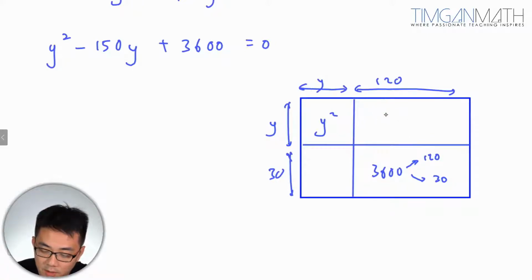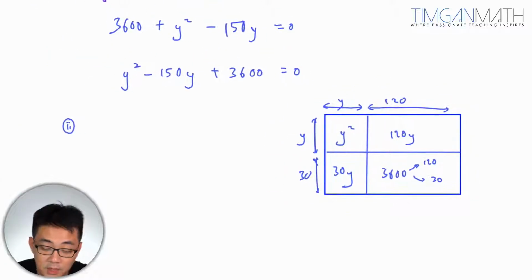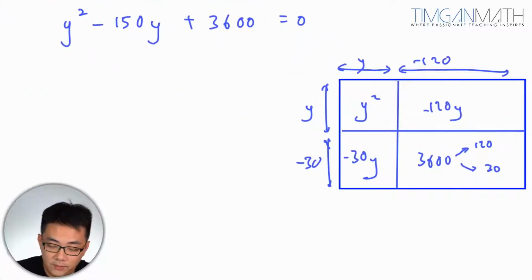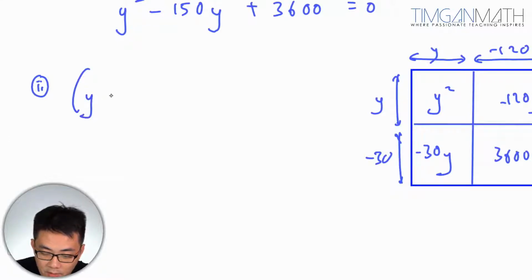So this area will be 120y and this will be 30y. Because we need negative 150, we apply negative here, and adding them up gives negative 150. So when you factorize, it's y minus 120, y minus 30.